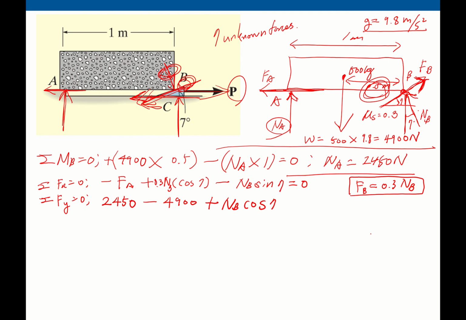Another one is we have a sine 7 degrees. This one should be equal to 0.